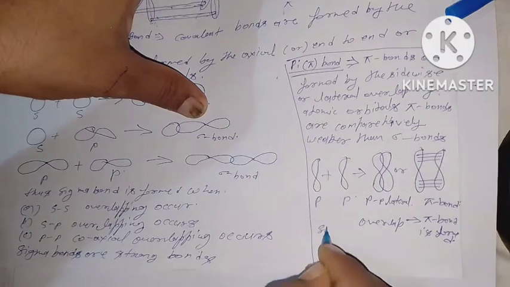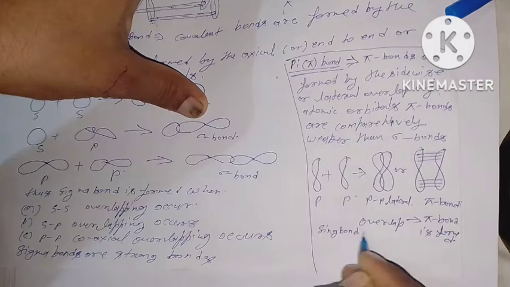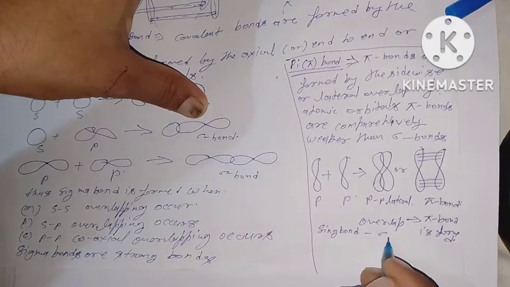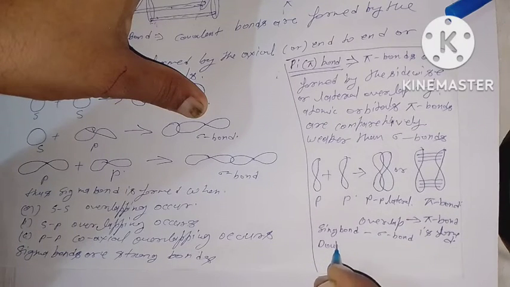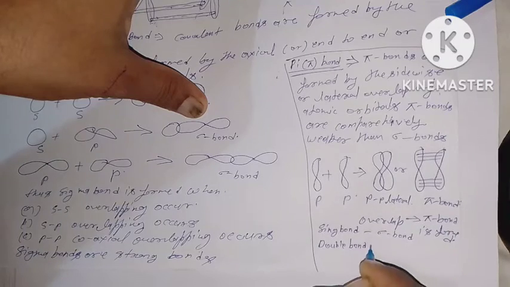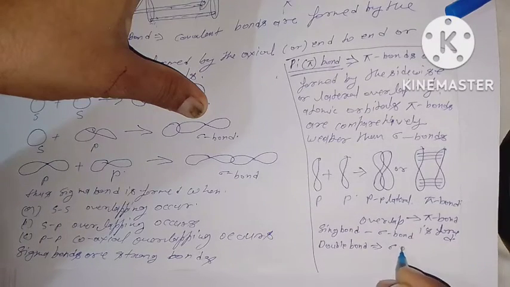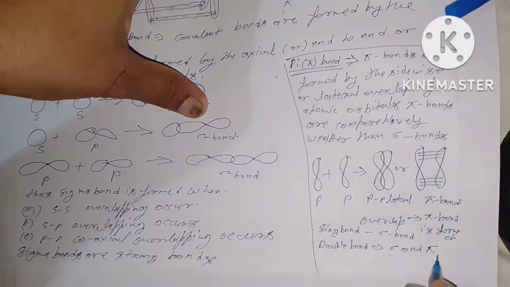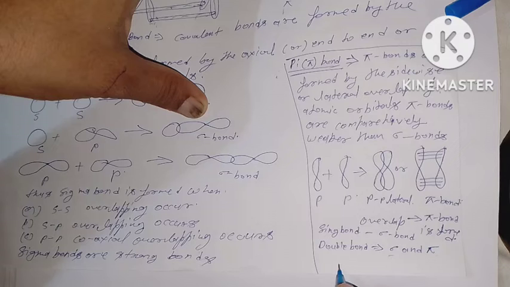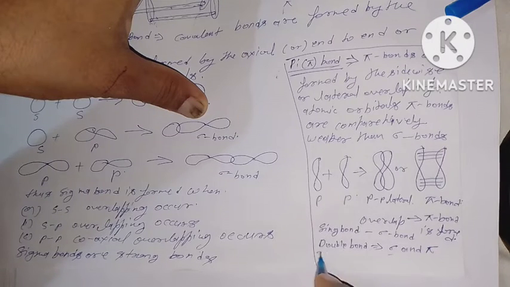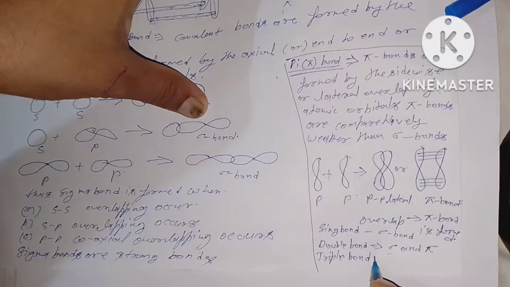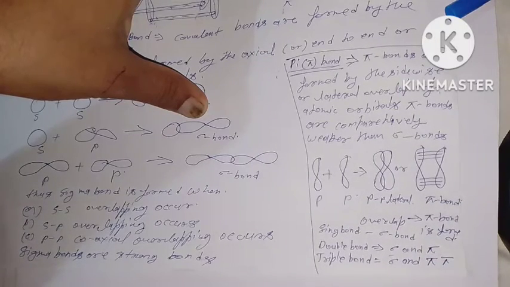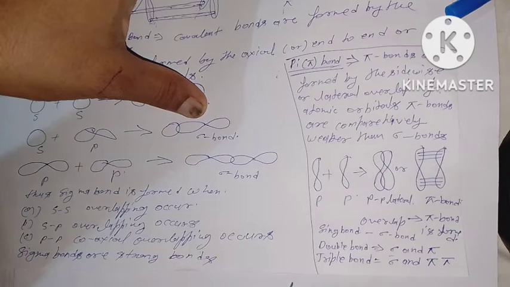Single bonds are sigma bonds, double bonds have one sigma and one pi bond, and a triple bond has one sigma and two pi bonds.